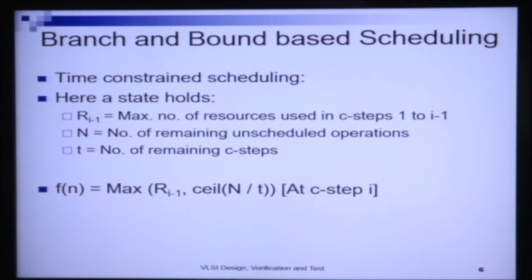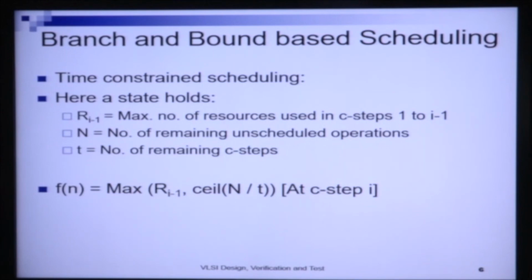So ceil n by t gives me what? N is the remaining number of operations, t is the remaining number of time steps. So n by t is the minimum number of resources that I may need at any time step, given that there are no dependency constraints.